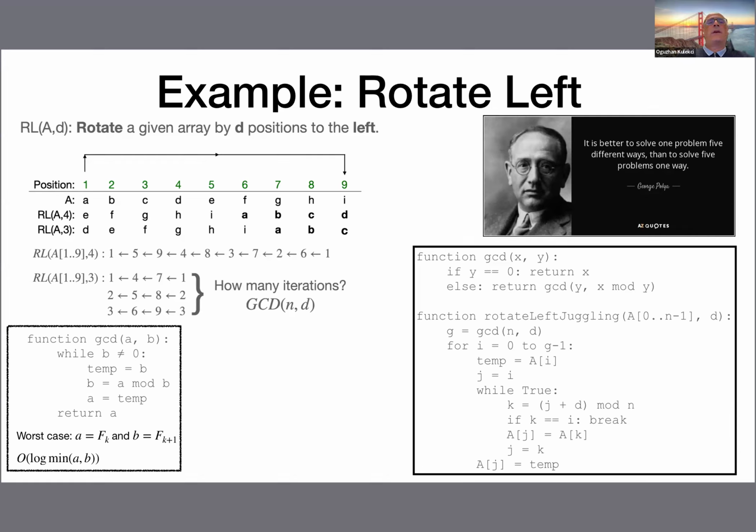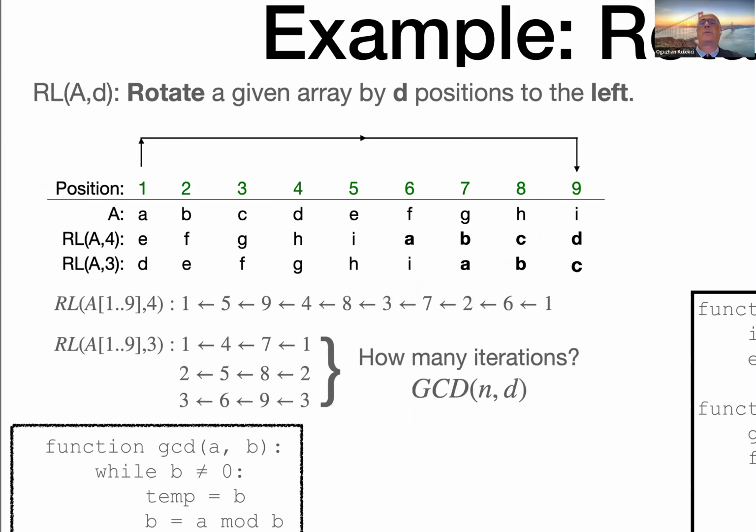Let me show you. Let's assume this is my input array, and I would like to rotate it to the left by 4 positions. What will happen?